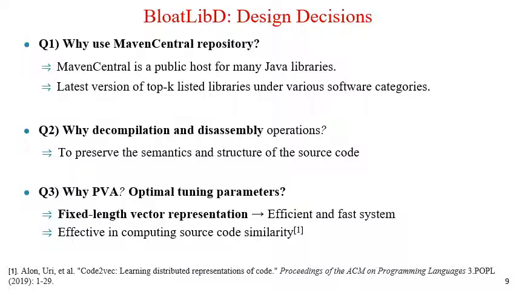So that is why PVA was one of the options. It has also been proved to be effective in computing source code similarity by one of the works which I've provided as a reference.